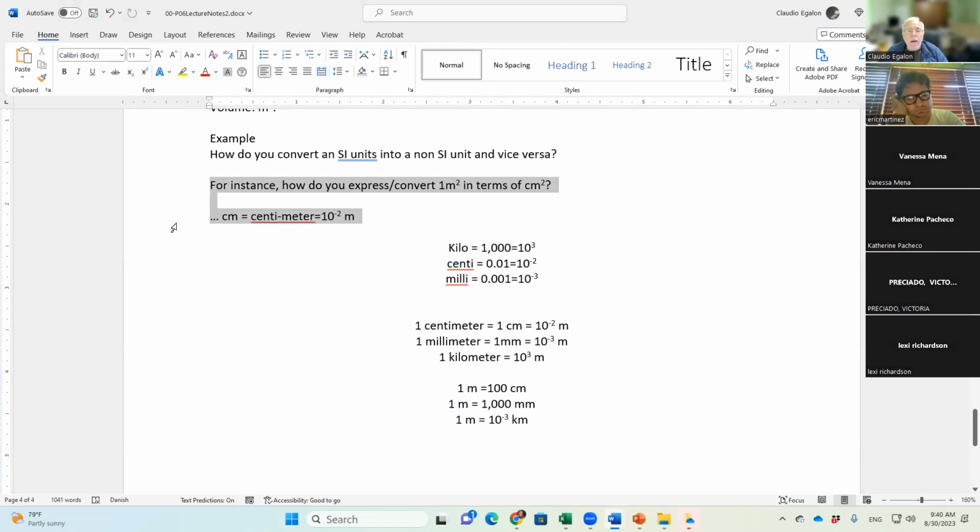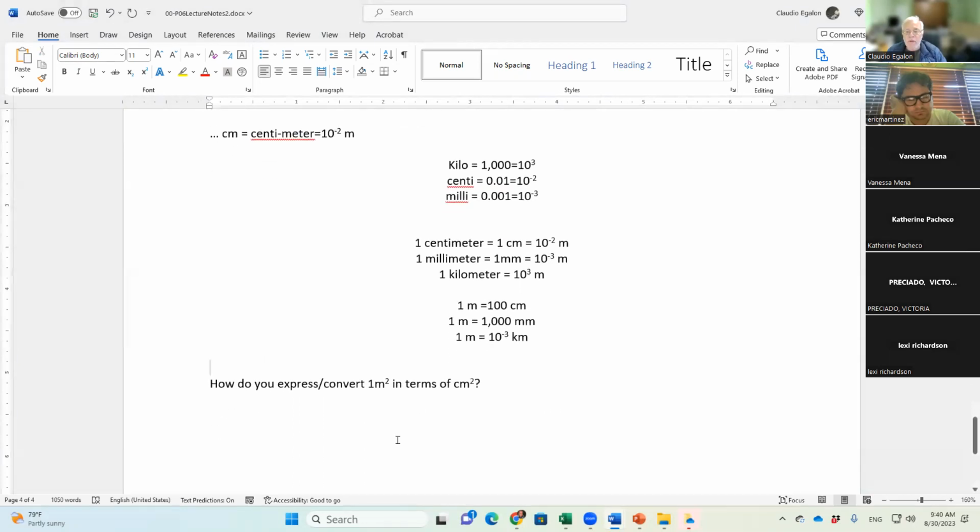I'm going to write it down right here. How do you convert 1 meter square in terms of centimeters square? Example. I'm going to do that for you. Solution.